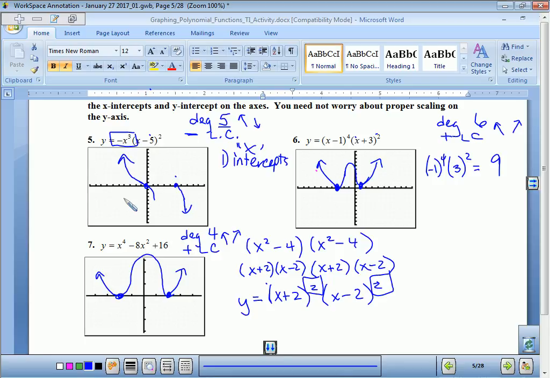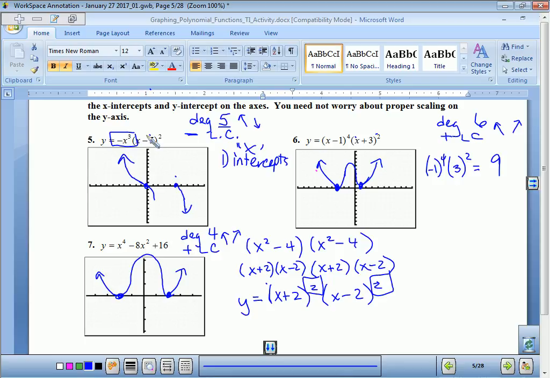If it's just to the 1st power, it passes straight through, no inflection. But if it's an odd power greater than 1, it's got to change concavity there. Concave up to concave down. Now if I were approaching it from the bottom coming up, it would go concave down to concave up. Okay, so the concavity will change.